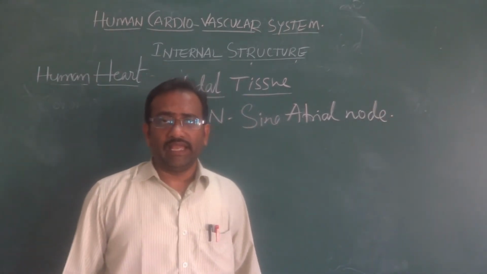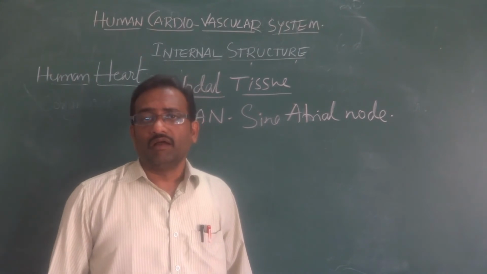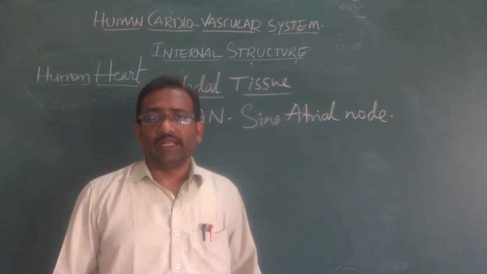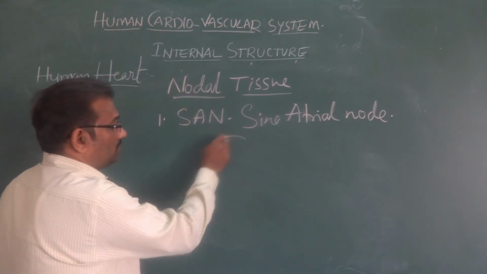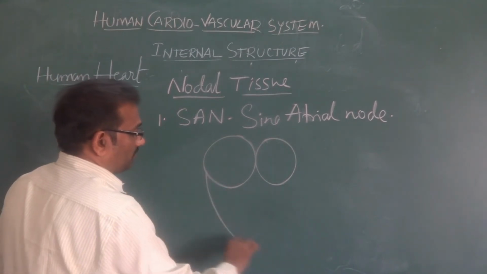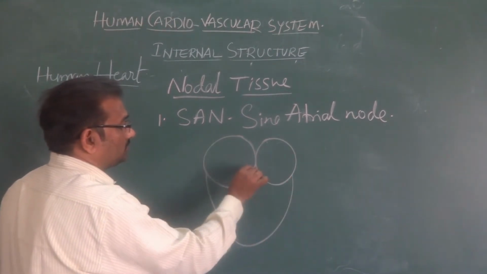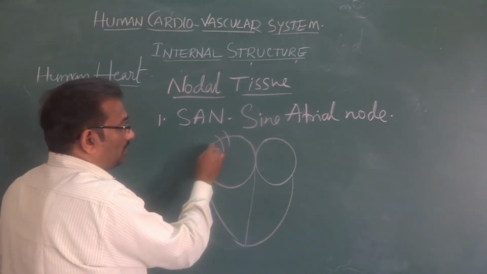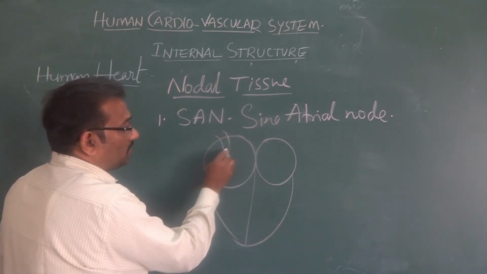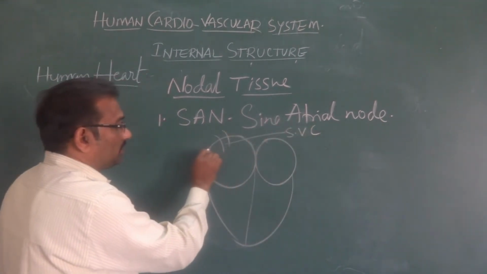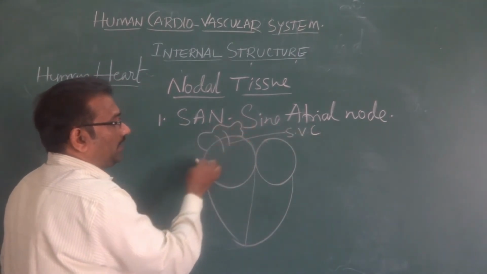Sinoatrial node, SAN, is present in the upper portion of the right atrium, at the place of the opening of the superior vena cava. This is the superior vena cava. There is the SAN node.